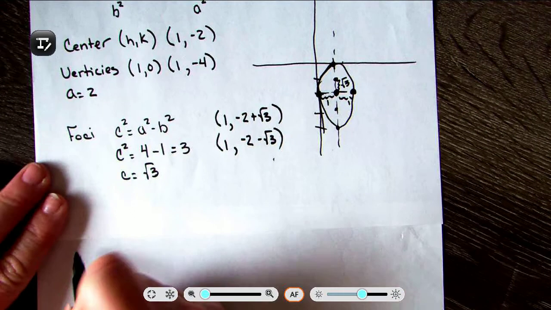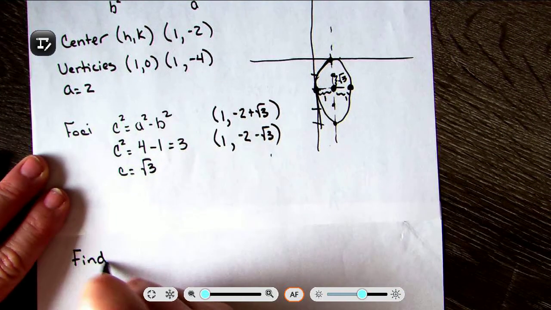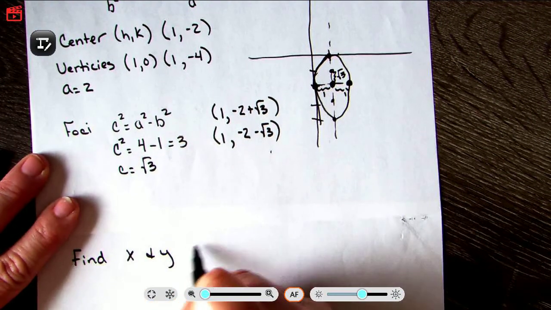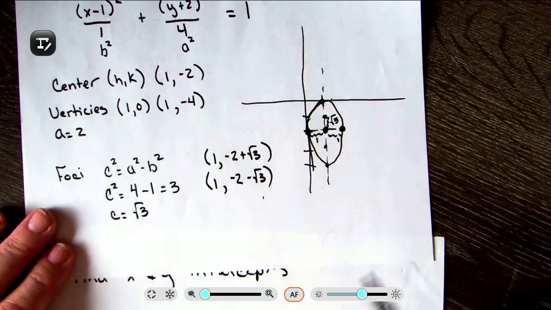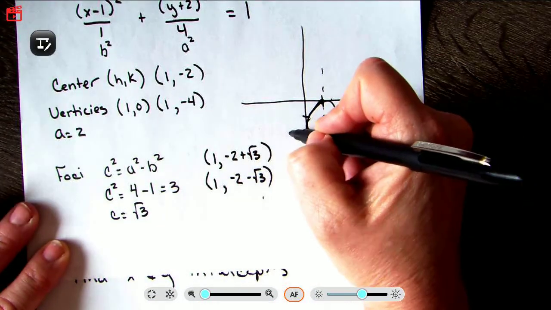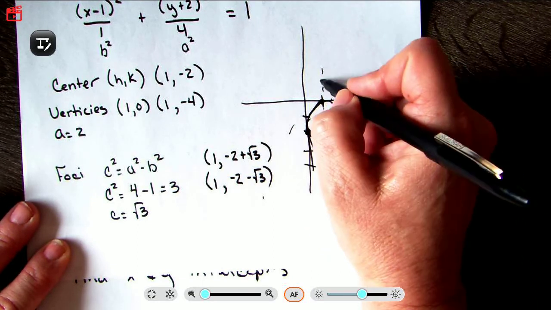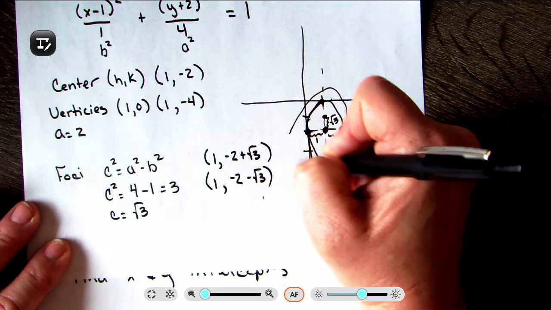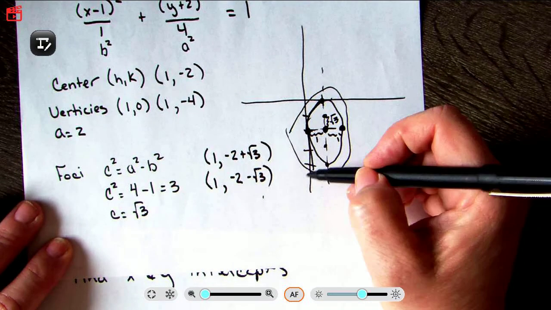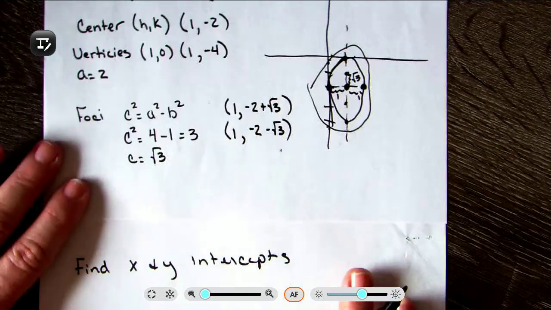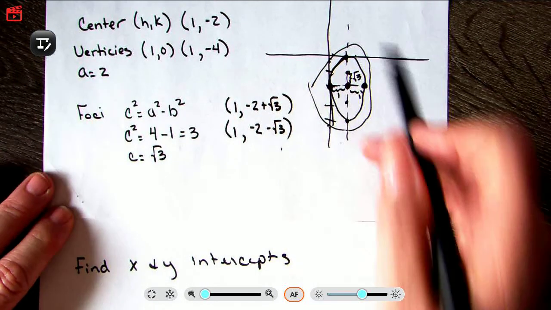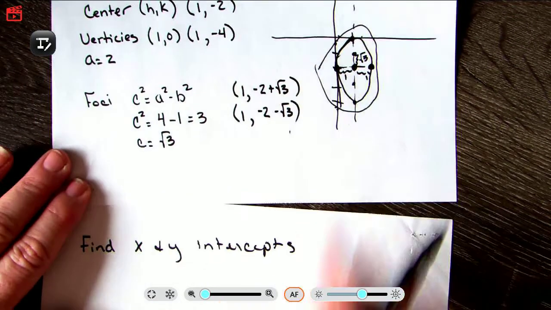So we're going to find those x and y intercepts, because we could have had more than one. Suppose we didn't, maybe if this had been 2, we would have gone out more, and this had been 3, so we would have gone out. Suppose it had looked like that, we would have had 2 x-intercepts, or 2 x-intercepts and 2 y-intercepts. So let's just verify that yes, we only have one of each, and they are where they are.